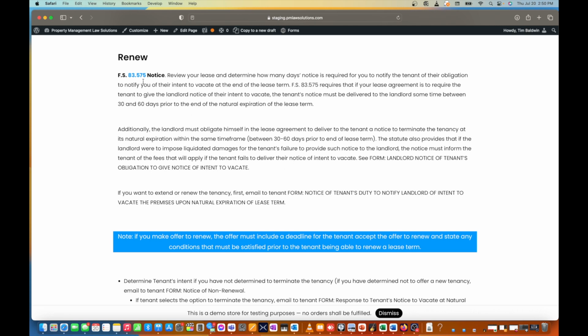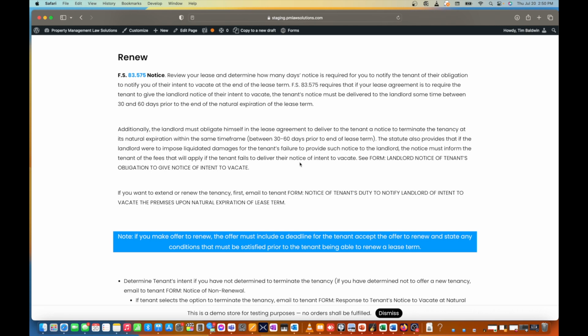You can see where this lies in this statute right here, 83.575, which says that if the landlord gives this notice to the tenant, that they have to give us notice of their intent to vacate or not, and the tenant doesn't give us that notice within 30 to 60 days prior to the end of the natural expiration of the lease, there could actually be liquidated damages charged to the tenant.